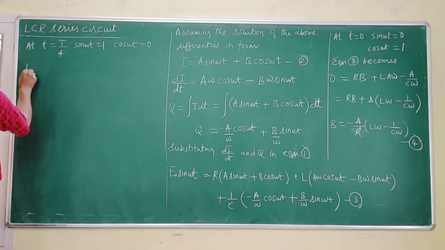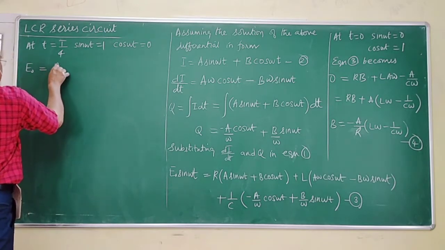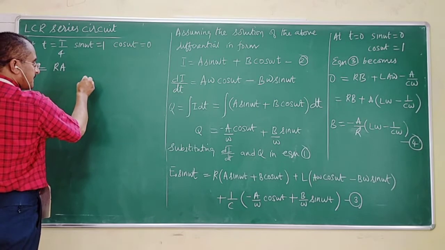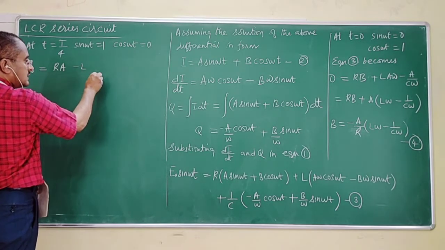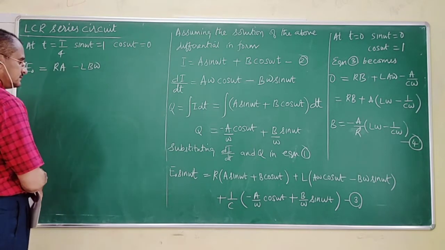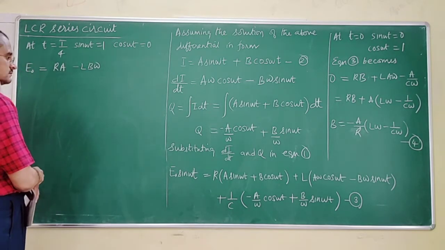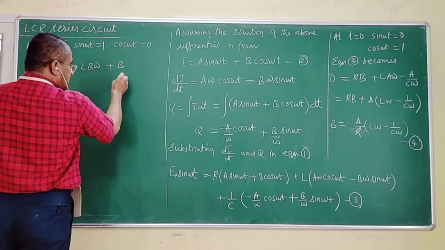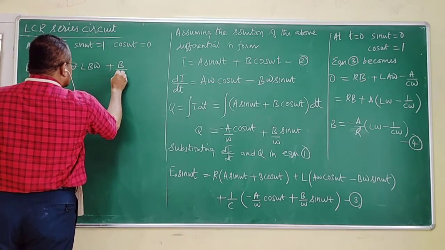Therefore, this will become E naught is equal to RA minus L A omega plus B by C omega.